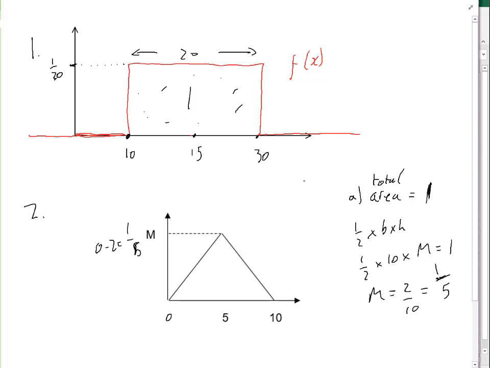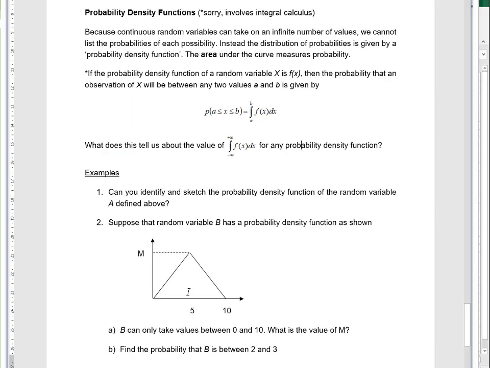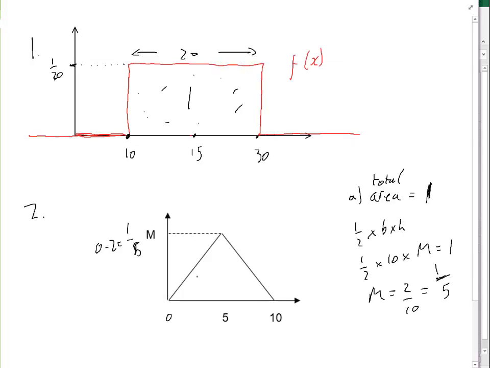Yeah, okay, there's another question on this one. Find the probability that B is between 2 and 3. So here's 3, and here's 2.